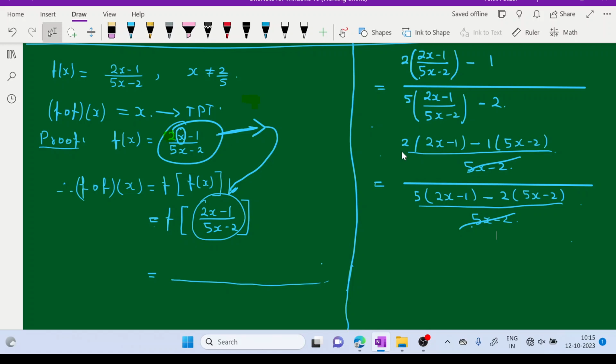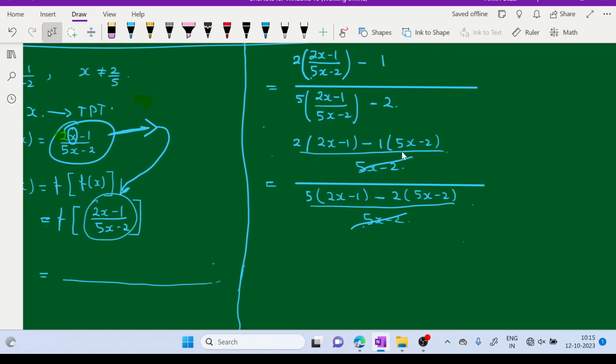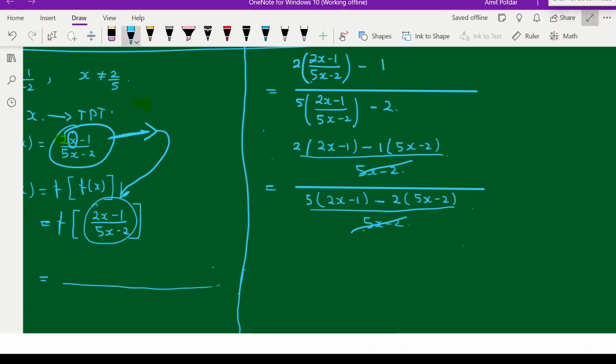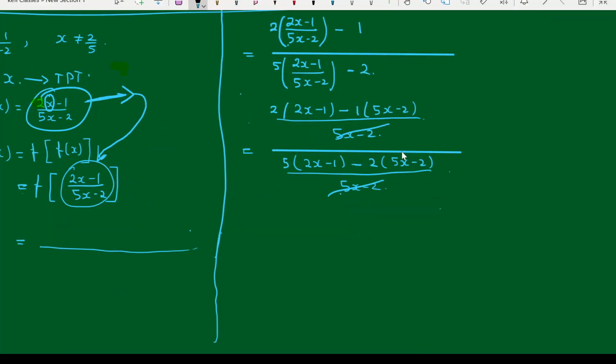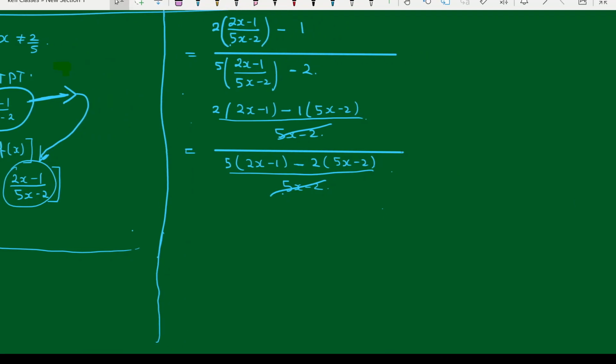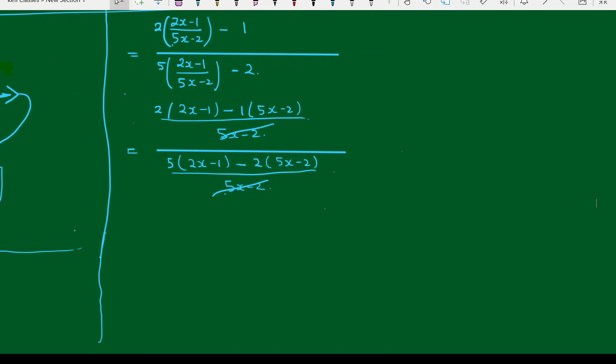This can be cancelled, and the reason we can cancel it, this is better na, going horizontal. Okay. The reason we can cancel this is because x is not equal to 2 by 5. Okay?